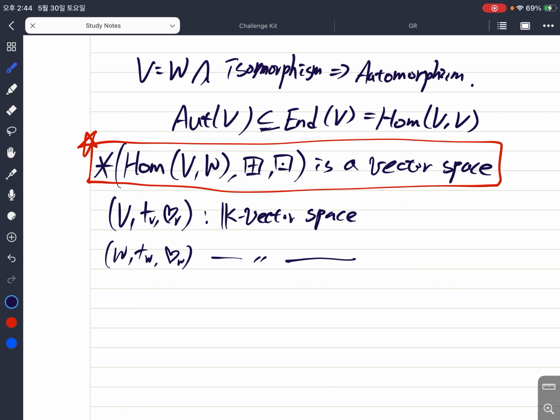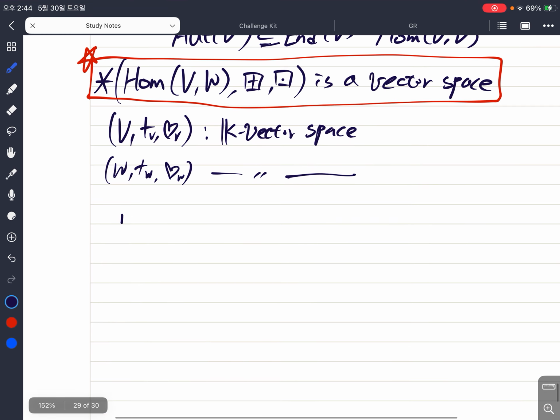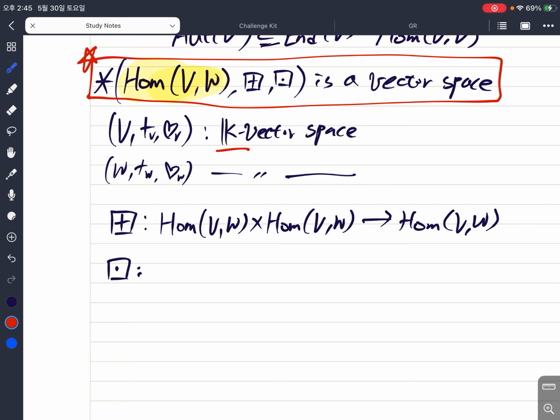Then for the homomorphism, the addition, because our set is now Hom(V, W), it should be Hom(V, W) times Hom(V, W) to Hom(V, W). Similarly for the scalar multiplication symbol, now this one is also a K vector space, this is a K vector space, so this is also a K vector space.